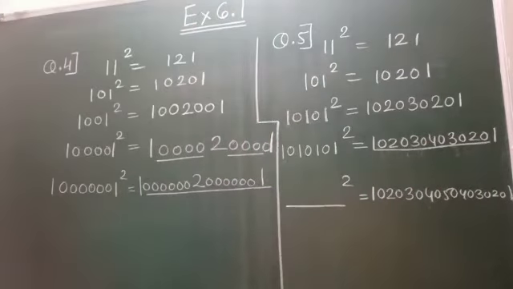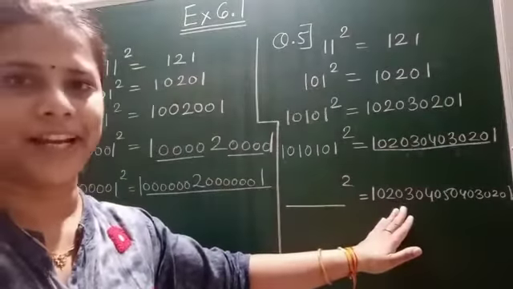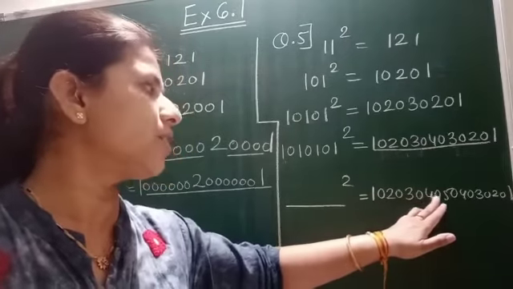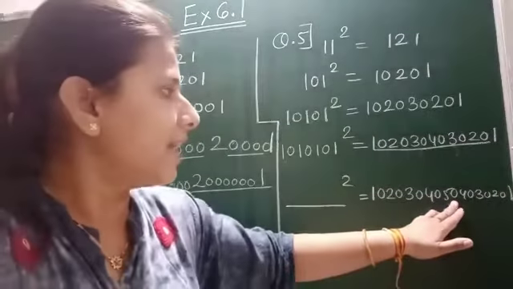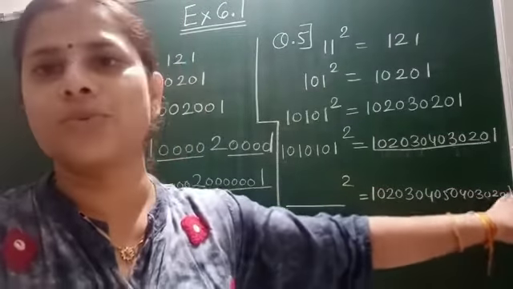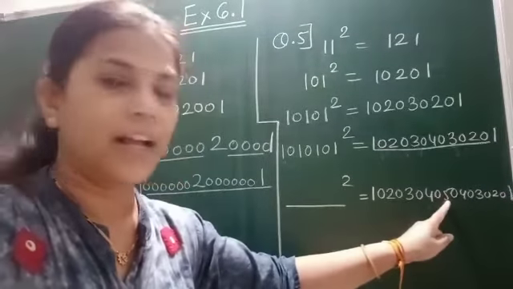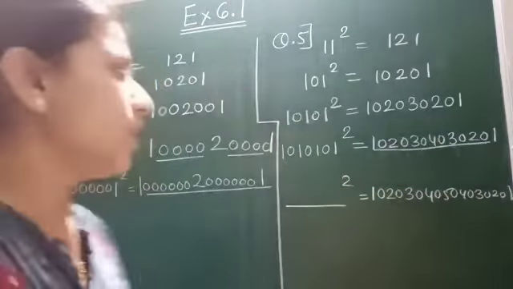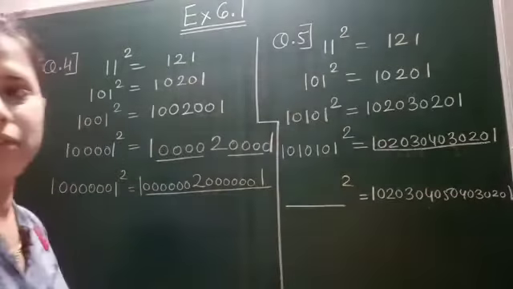Is it okay students? Now look at this right hand side. This number is proceeding 1, 0, 2, 0, 3, 0, 4, 0, 5, 0 and then decreasing 4, 0, 3, 0, 2, 0, 1. It means up to which number is this proceeding? Up to 5. So how many 1s will we write here?